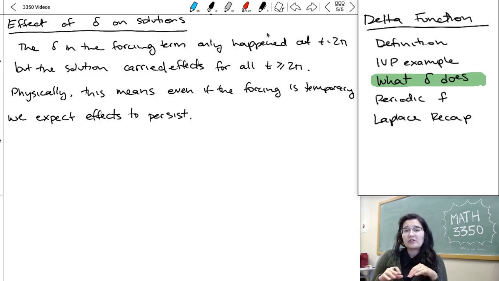And I do want to mention with the caveat that we were thinking about an undamped spring, so somewhere where there's like no friction that would slow anything down. Then if you push this thing off the path it's on, it's going to experience the effect of that push forever. Whereas if there was damping, we know it's settling down eventually, so that push would also be damped and going down towards that equilibrium eventually.